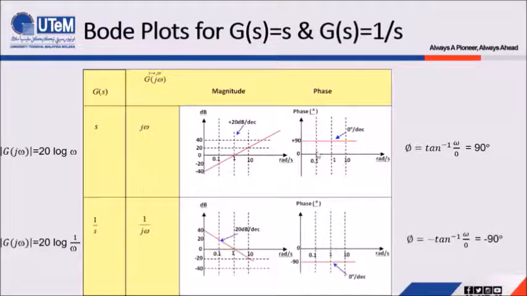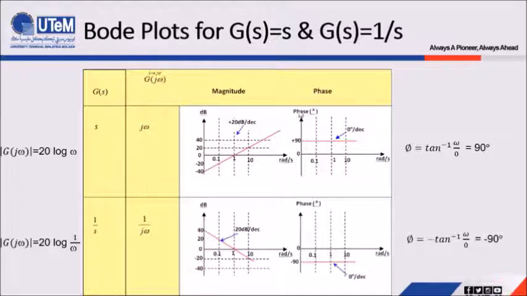For phase, in order to find the phase, we use inverse tangent, imaginary part divided by real part. In this case, we only have j omega, without a real part, so our real part is equal to 0. So we put omega divided by 0, which becomes infinity. Inverse tangent of infinity becomes 90 degrees, and that's why we get this result.